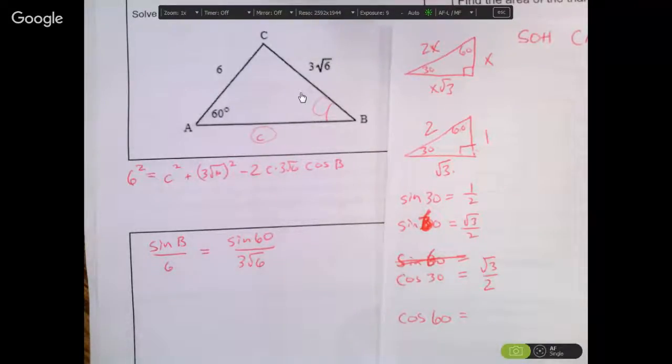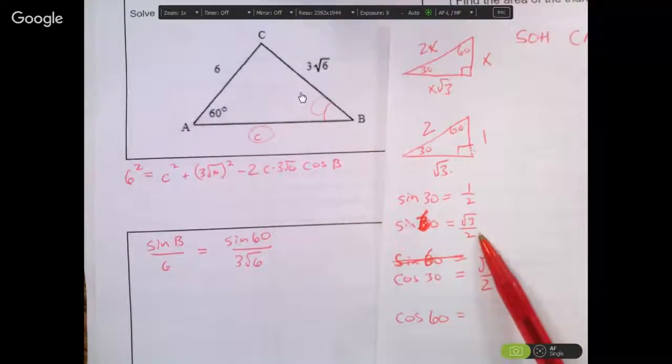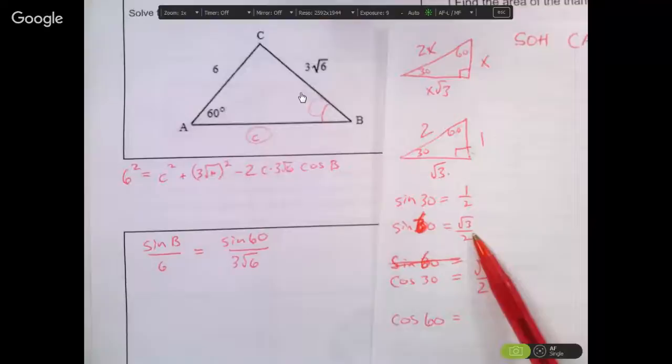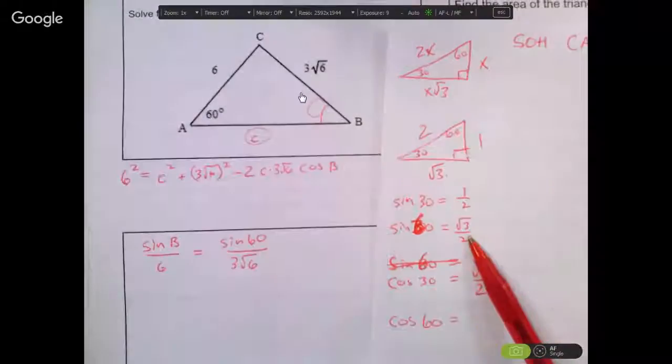Okay, that's a great question. So the sine of 60 equals square root of 3 over 2. But that's in a right triangle. This isn't a right triangle. Okay, so the sine of 60 is this proportion, square root of 3 over 2.